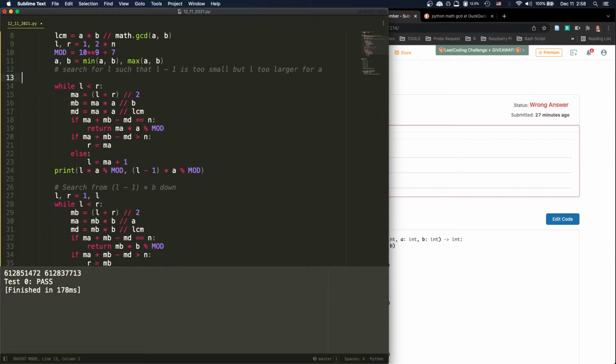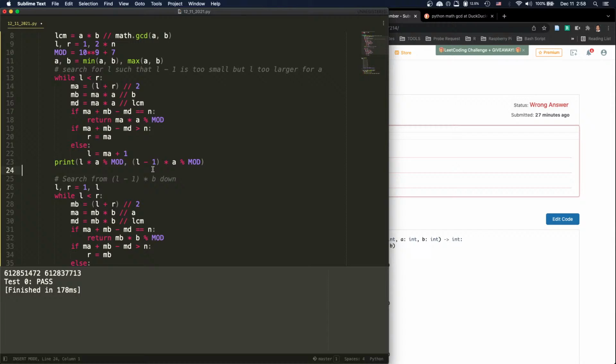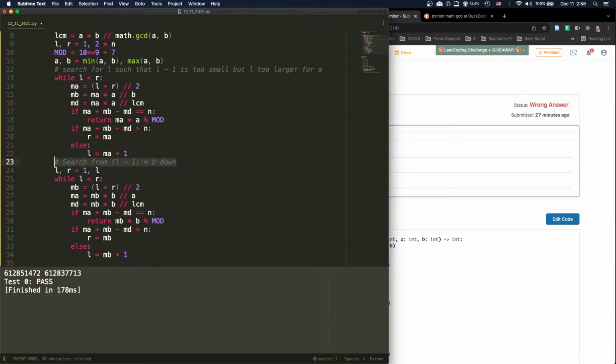So that's the first. And now, once this breaks out, that doesn't really matter. We can even do binary search from the start. We just do 2 rounds of binary search, see which one gives us the result.